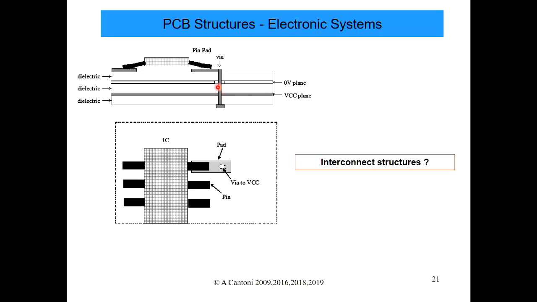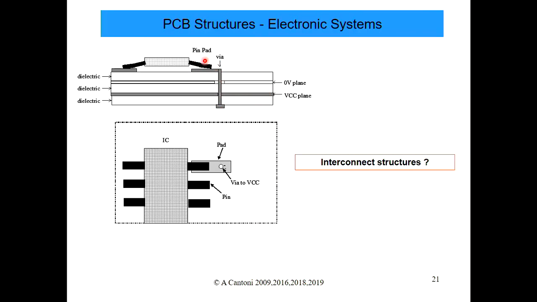Then to connect the integrated circuit to its power supply or to other signals, you might have a via. A via is like a little hole in the printed circuit board, I should bring in a printed circuit board, that's got a little bit of wire plated around the sides. It can go from the top to the bottom of the board and connect things in between as well, so connect traces from the top to the bottom, or perhaps traces in the middle to the top. So there's a wire that's connecting VCC to the actual pin of the chip.